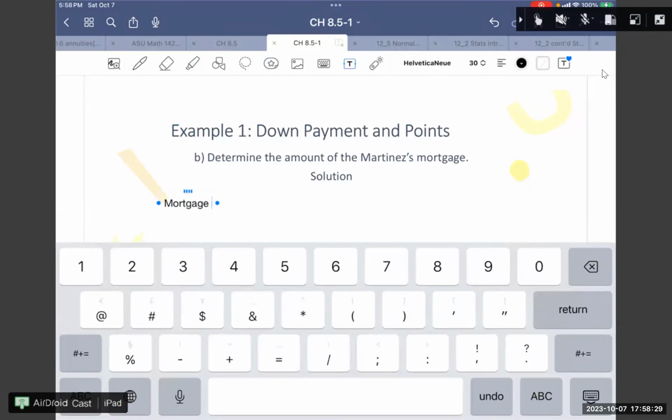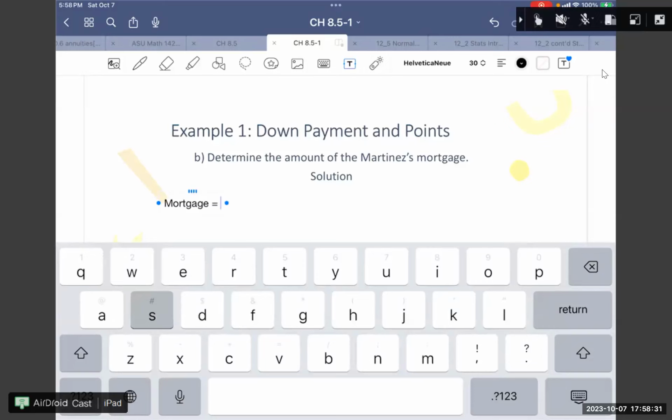The mortgage equals the selling price minus the down payment.